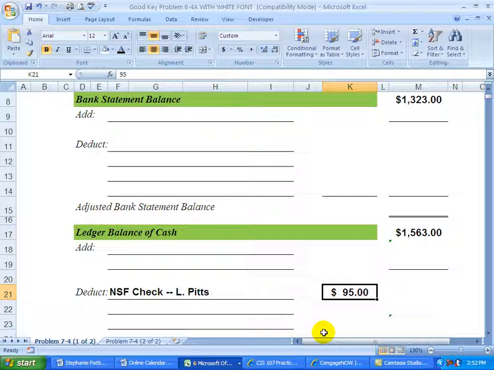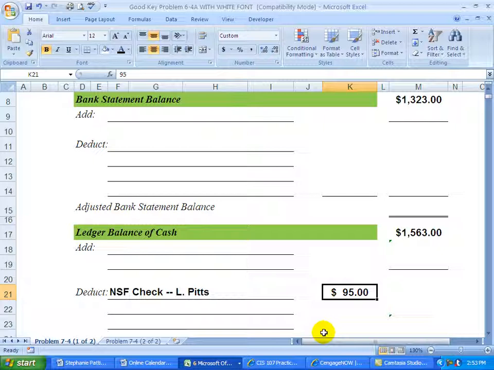We also wrote a check for $47 to a creditor, and then we found out we recorded it as $74, which is the difference of $27. And remember, when you do a transposition error, the difference is evenly divisible by 9, and 27 is evenly divisible by 9.